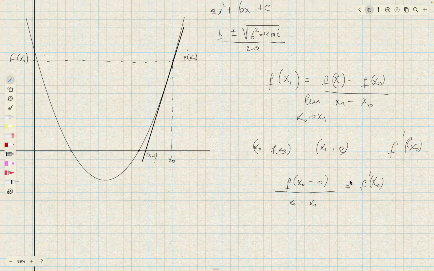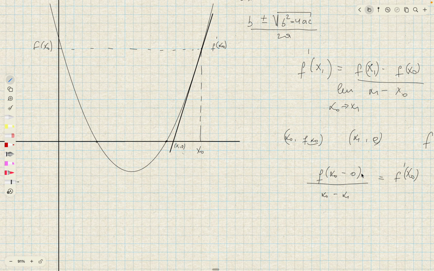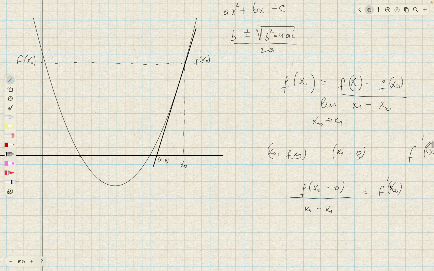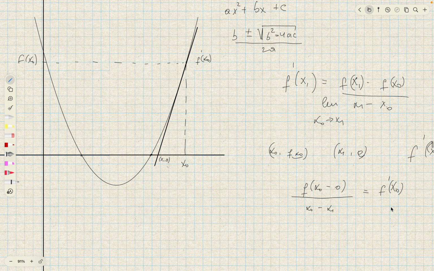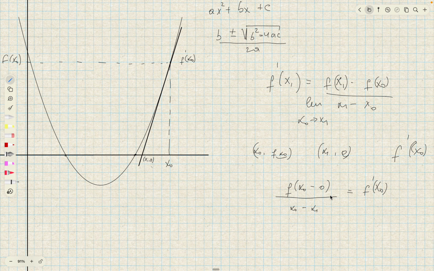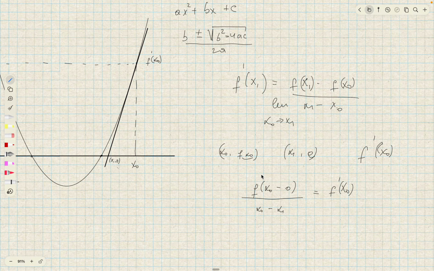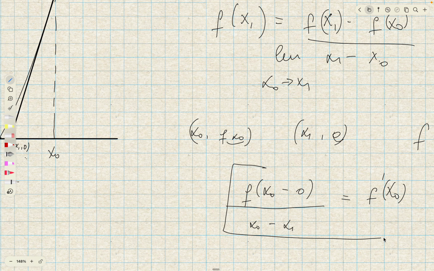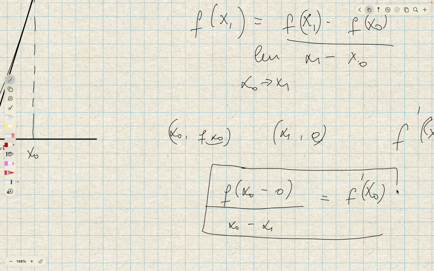Interesting. Because we know this is the slope, and we drew a line with the same slope, and also we have the formula that calculates that slope, then it's obvious that these are equal.